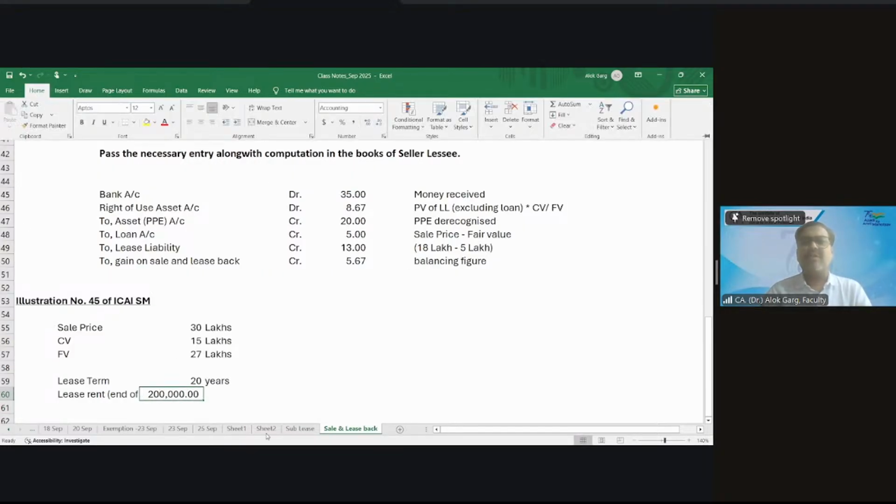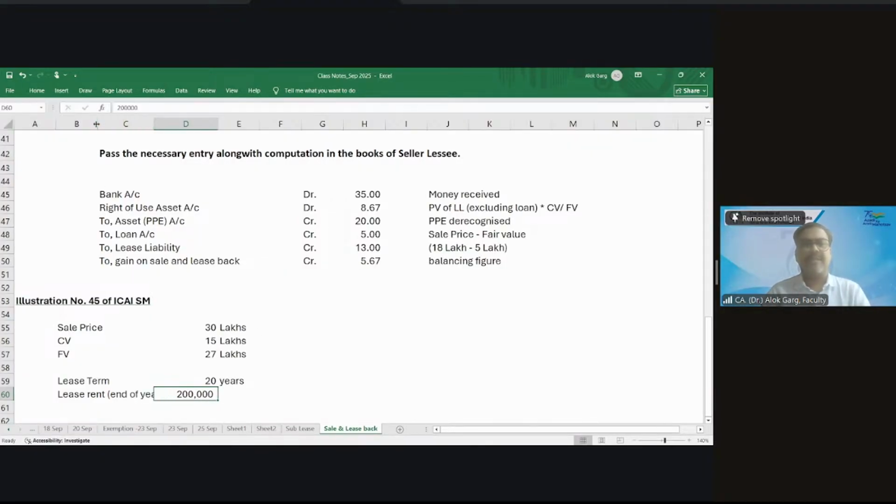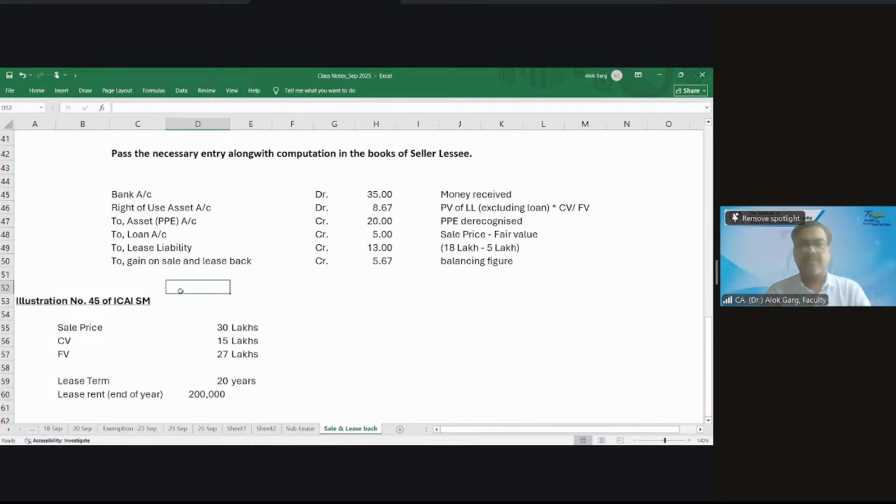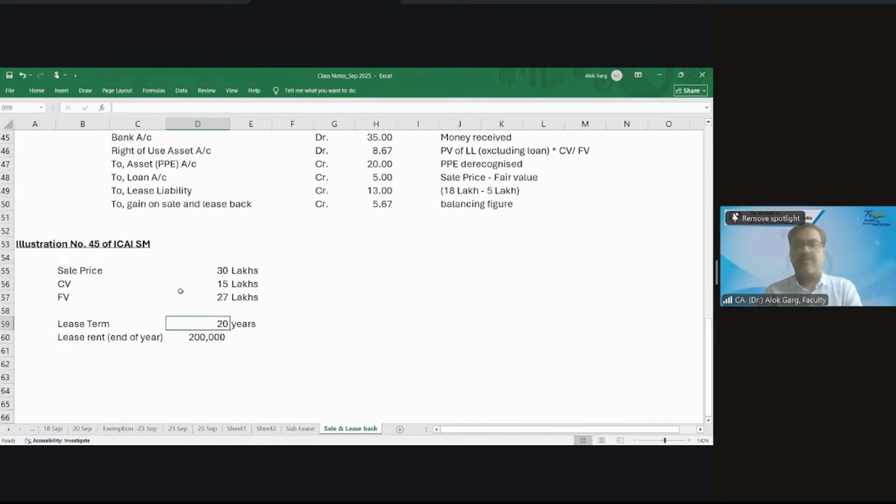These are small suggestions, but they will have a big impact in your exam. Any other information? Discount rate is 12%.